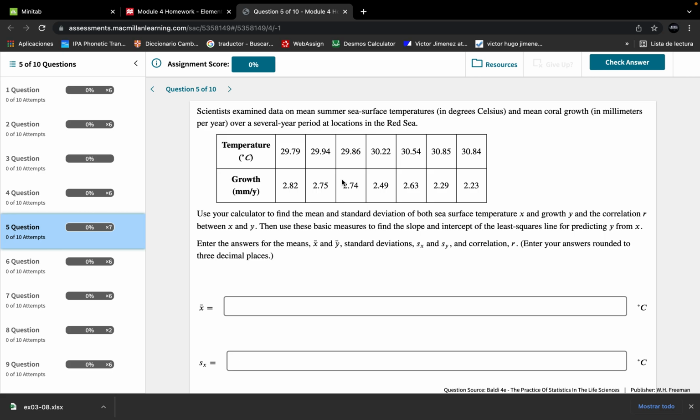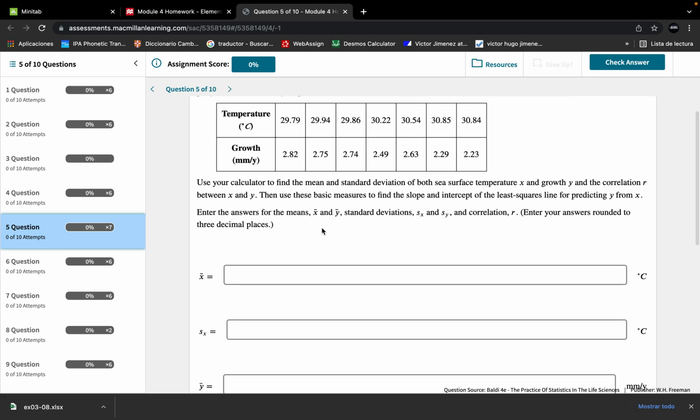The first one, temperature, we're going to label as the X values, and growth is going to be the Y values. Here it says, use your calculator to find the mean and the standard deviation of both, the correlation between X and Y, and all of that.